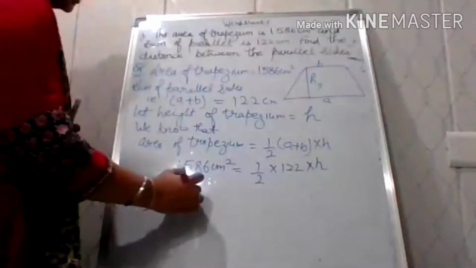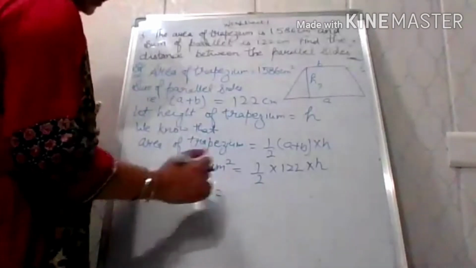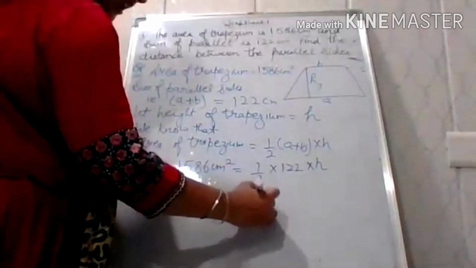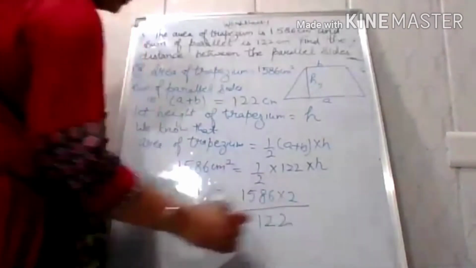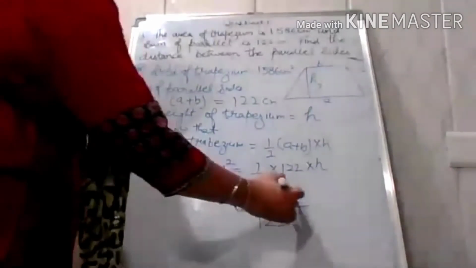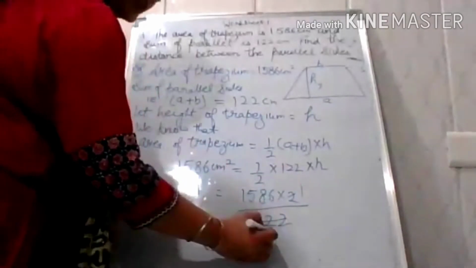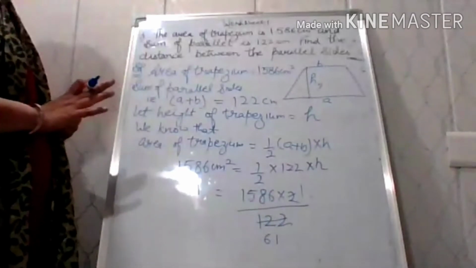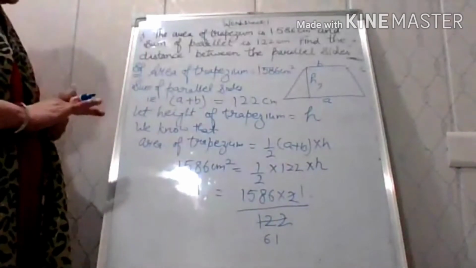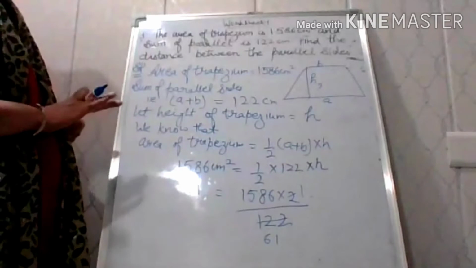So after transposing each term, height will be 1586 multiply by 2 upon 122. You can simplify it easily. 2 ones are 2, 2 sixes are 12, 2 ones are 2. Again you have to simplify it.